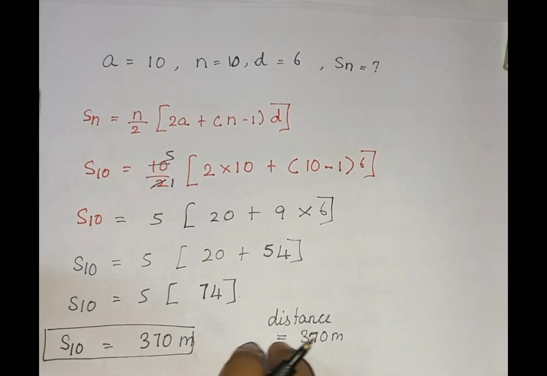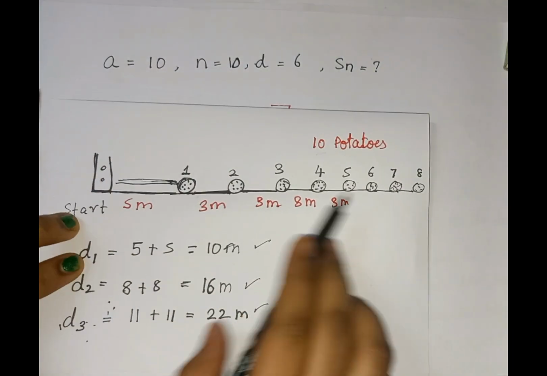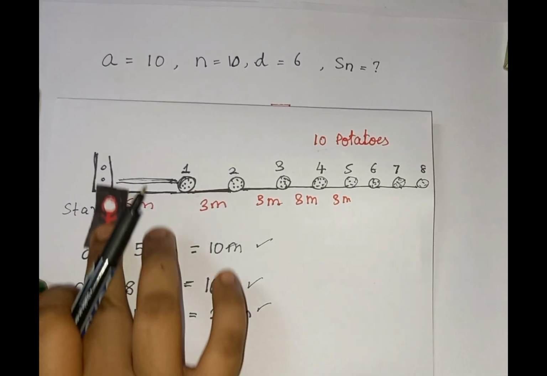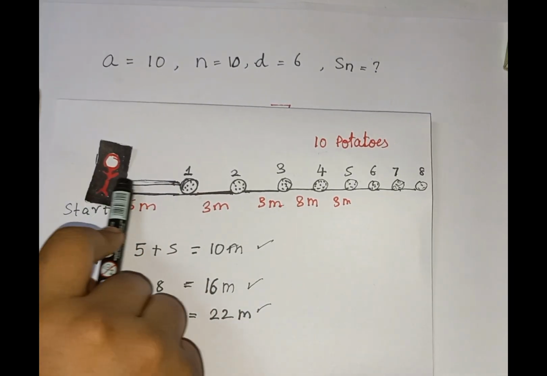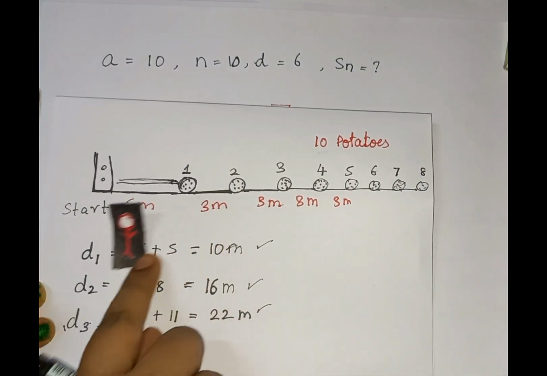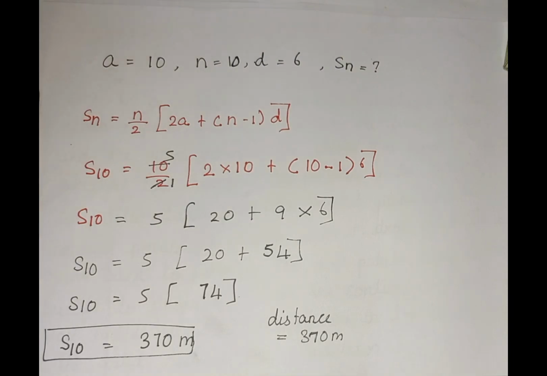So the distance covered till the 10th potato, when the person is running, so this is the person, right? When he runs from here till the 10th potato, like this he will run, the distance will be 370. So this is our answer.